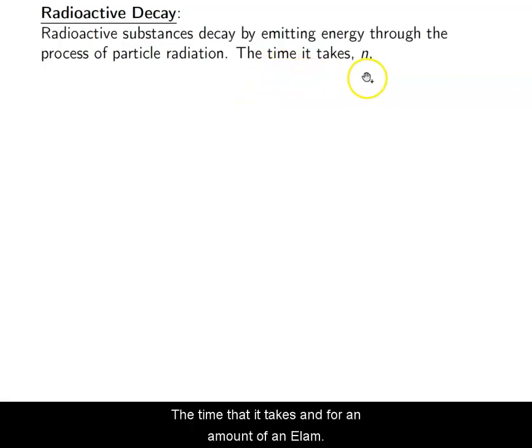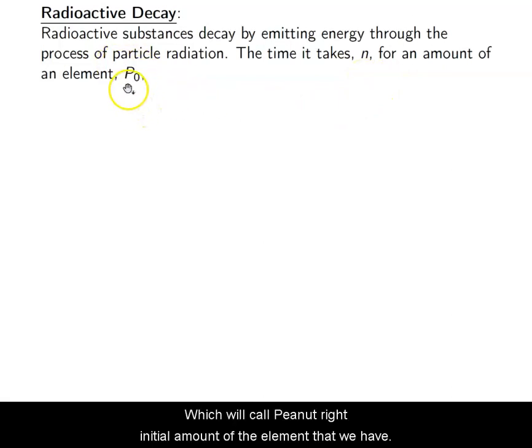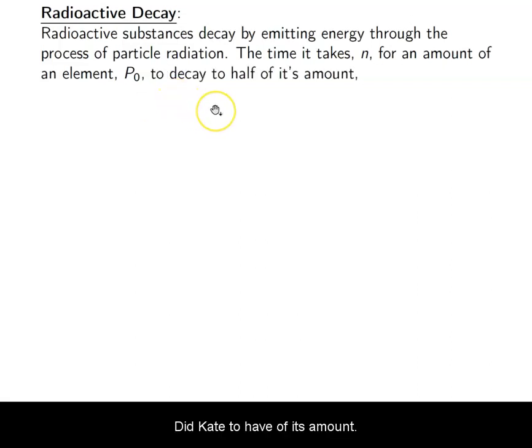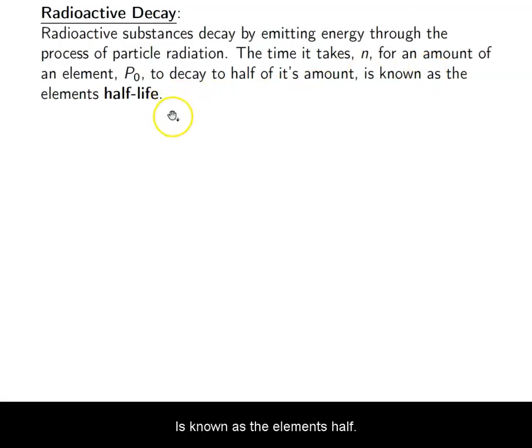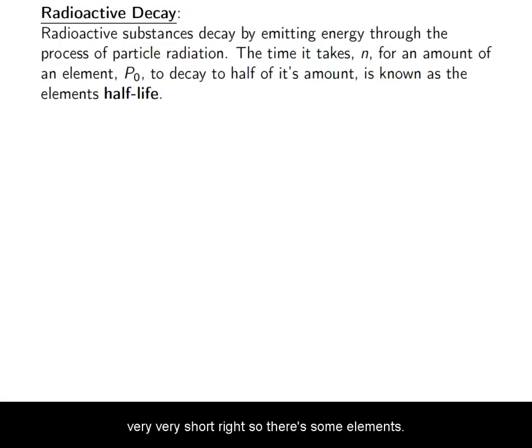The time it takes, n, for an amount of an element, which we'll call P naught, the initial amount of the element that we have, to decay to half of its amount is known as the element's half-life. Some half-lives are very long, some are very, very short.